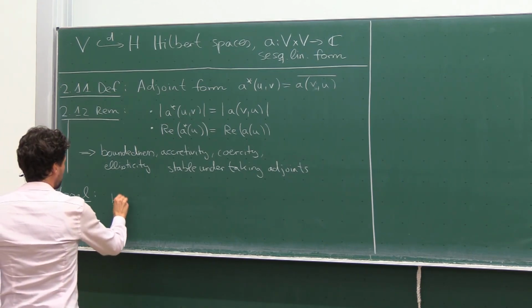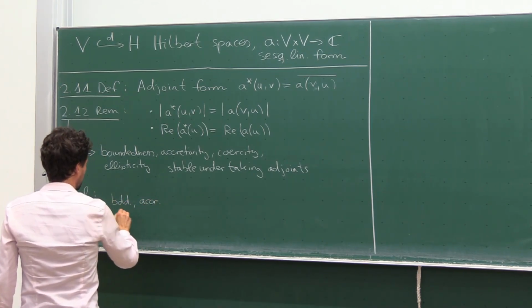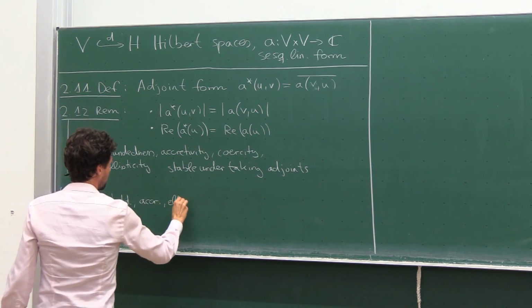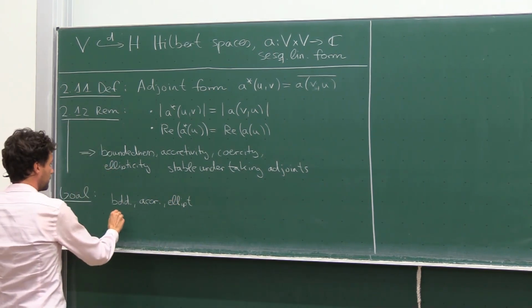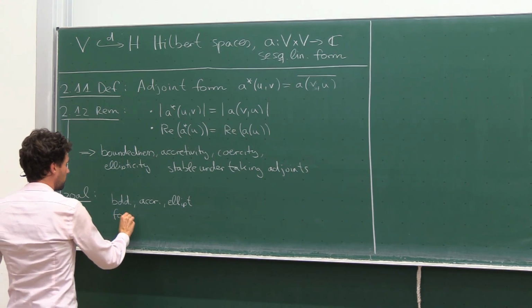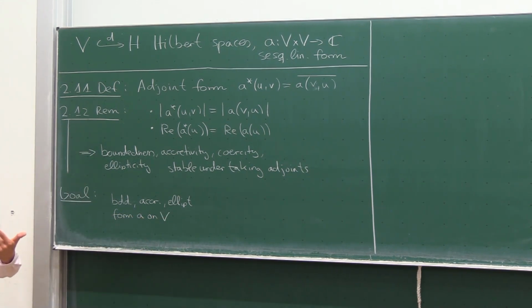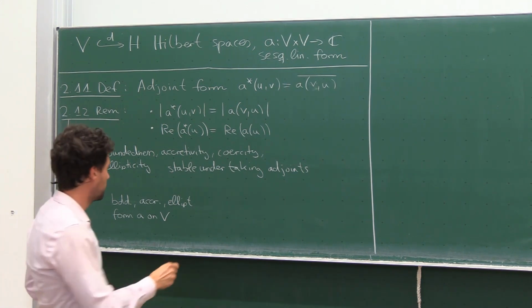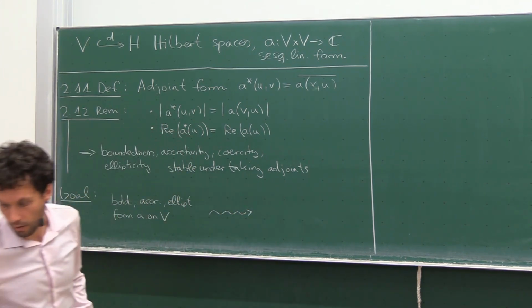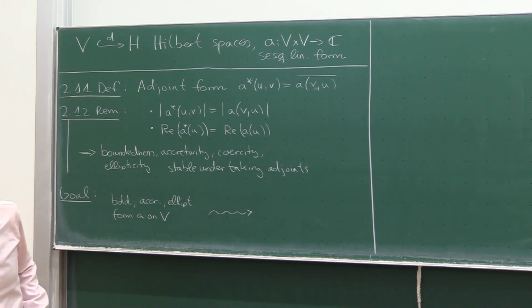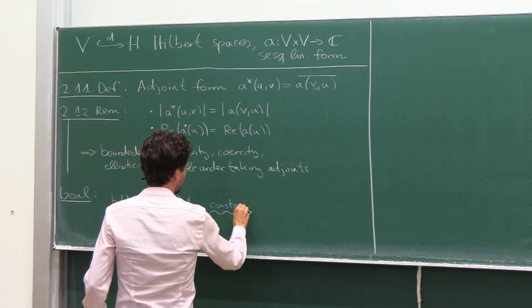I have a bounded, accretive, and elliptic sesquilinear form on V. And I'm trying to use that form to somehow construct an operator in H. Okay, so there's going to be a construction.